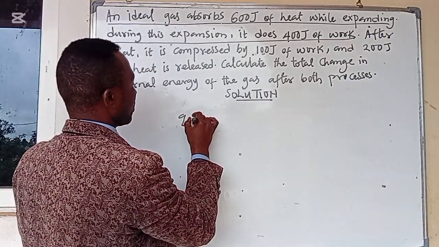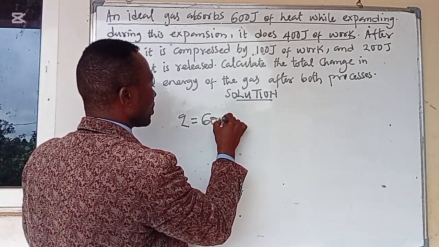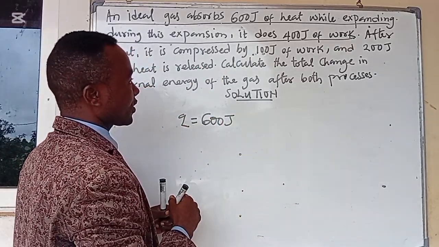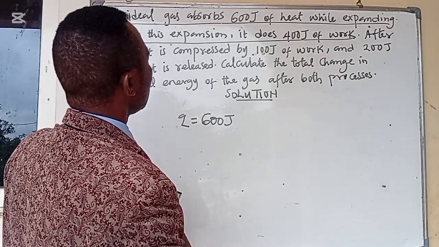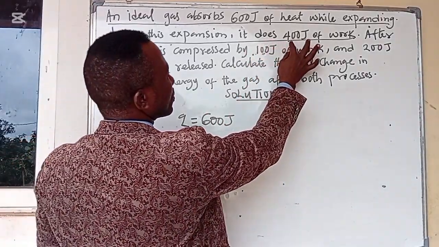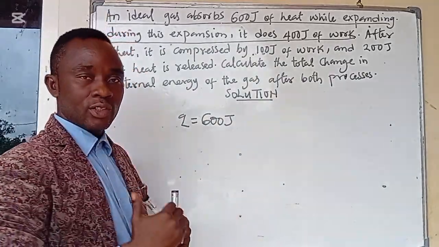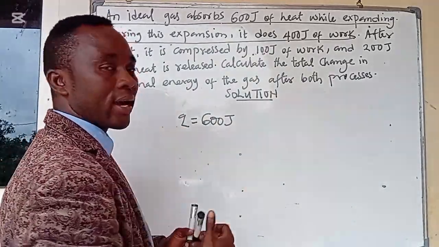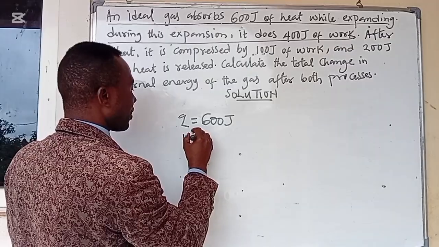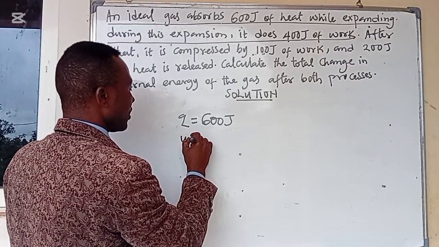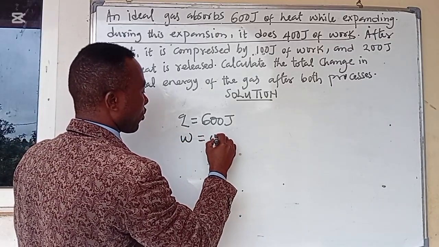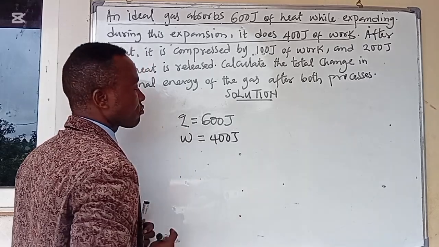That means Q is equal to 600 joules for the first process. Then, during this, it does 400 joules of work. When work is done by a gas, the work is positive. That means our work is also positive, which is 400 joules.